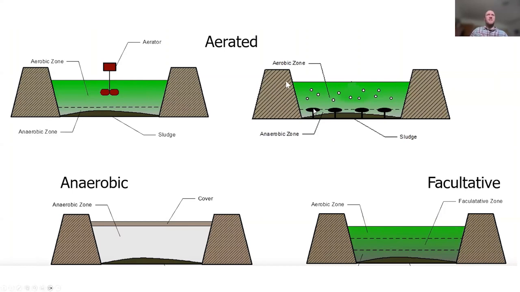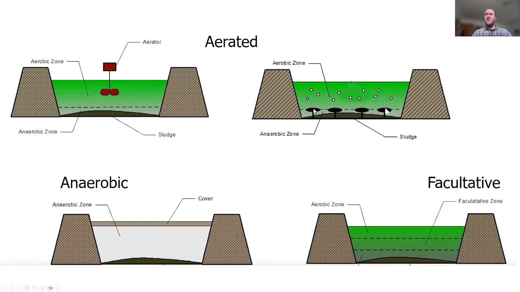On the top, you can see these aerated lagoons, and some of the mechanisms that are used for this aeration. On the left is that aerator, similar to the one that Kamado has. It mixes the water, mixing in some oxygen for those microbes to utilize for their respiratory processes.